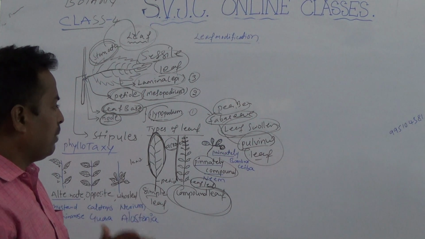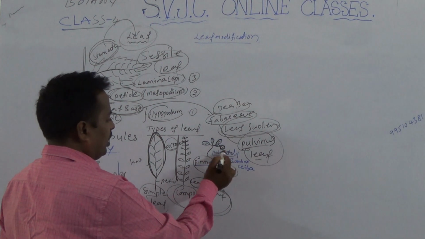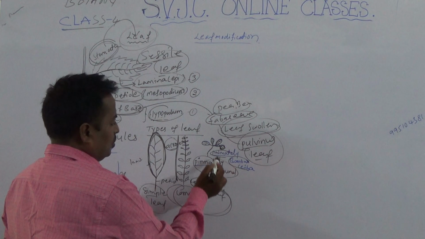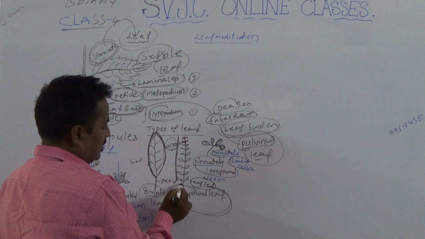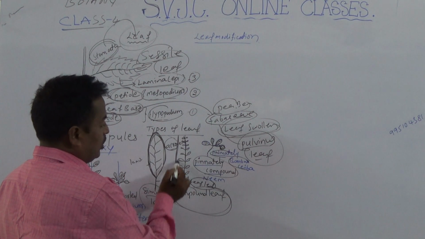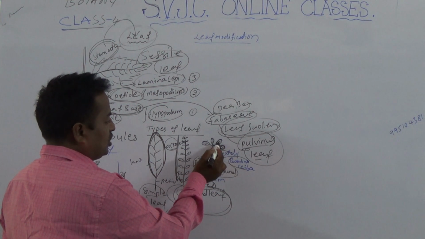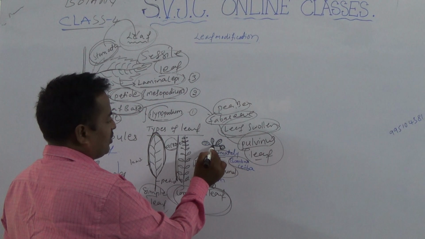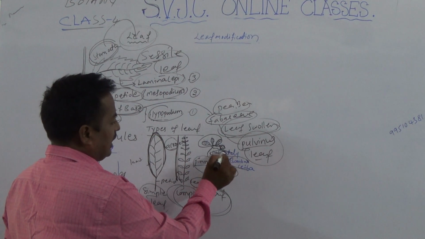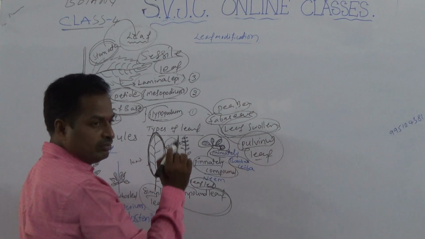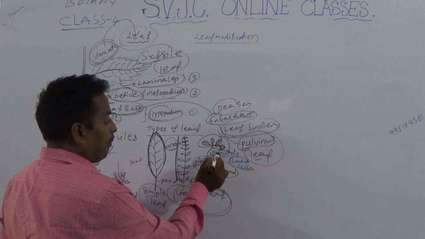What is the other one? Palmately compound leaf, Bombax ceiba. In the first one, the leaflets are arranged from base to apex in pinnate fashion, but in palmate, what is the position of the leaflets? A common point. All leaflets are arranged from a common point. That is an important point of palmately compound leaves.